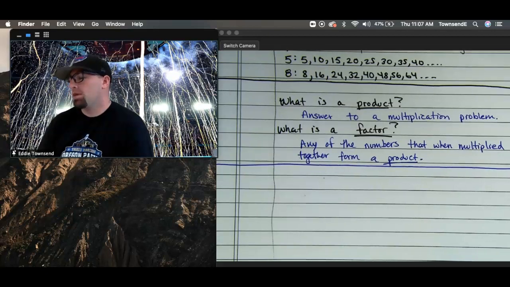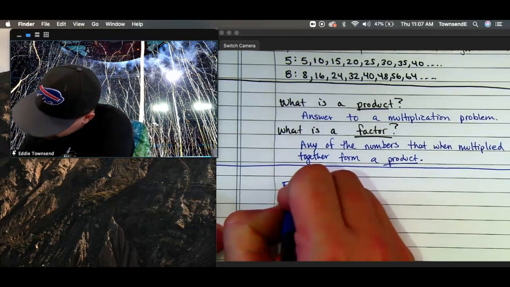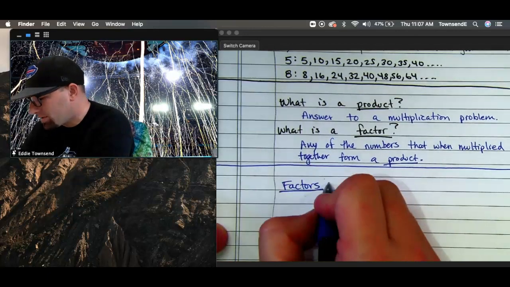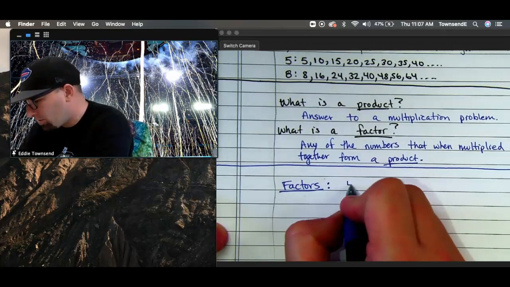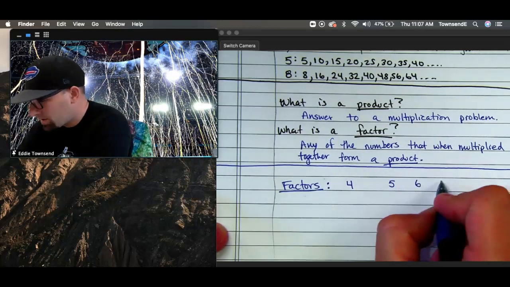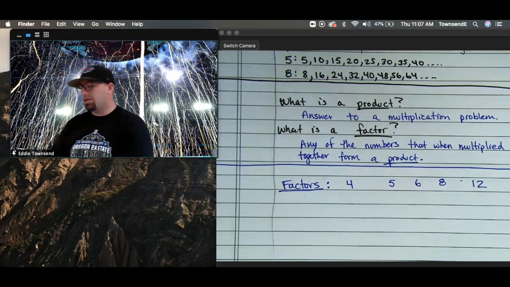Okay, we're going to do factors. And it's basically all the numbers that will multiply to get a certain number. So we'll go, let's do 4, let's do 5, let's do 6, let's do 8, and 12. So go ahead and write those down.